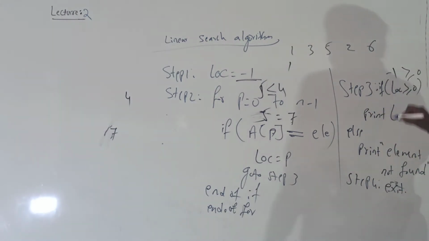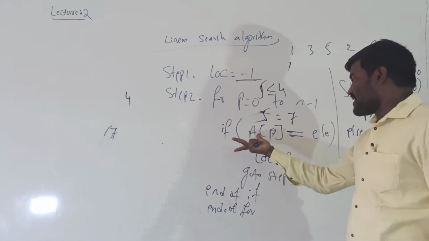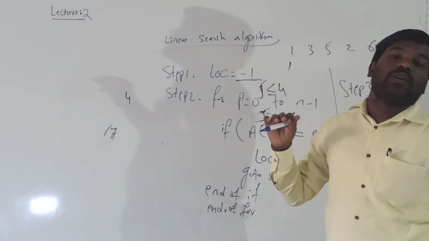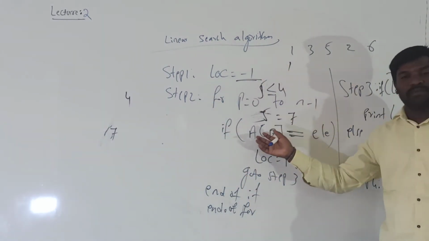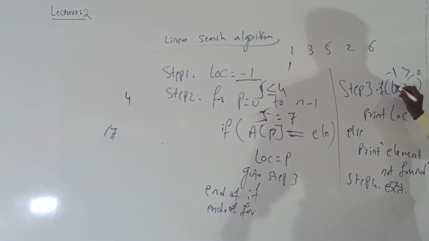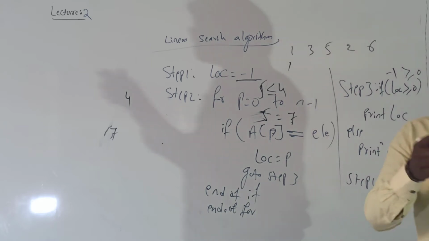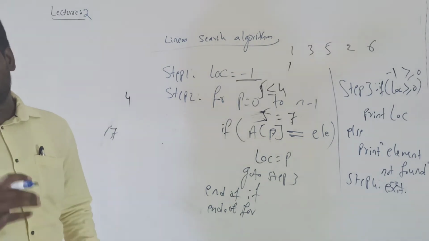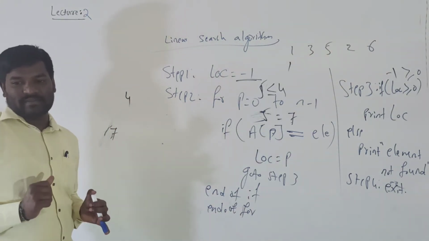Here location is -1, because the condition was never satisfied. Only when the condition is satisfied will the location value be updated. But here 7 is not present in the elements, so every time the condition is false. Location -1 is greater than or equal to 0, false. Finally it will print element not found, or we write element search unsuccessful. So this is the algorithm for linear search.